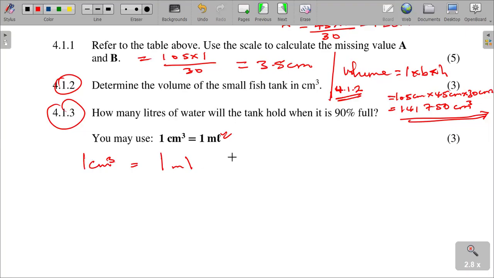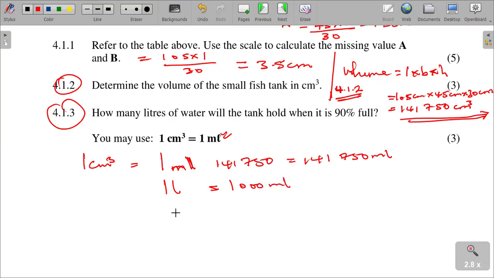And then 141,750 cubic centimeters is equal to 141,750 milliliters, and 1 liter is equal to 1,000 milliliters.